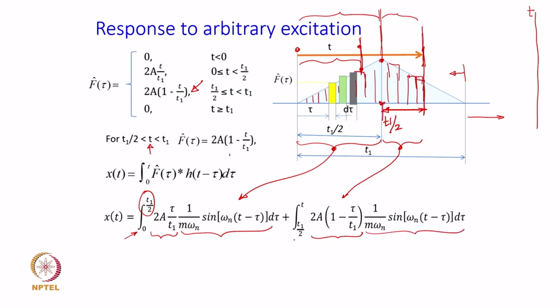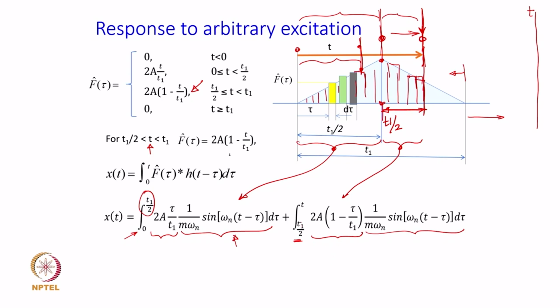Now, look at what is the integration limit here. Now, the integration limit will start from this to this, because if you are trying to find out or assess the response at this instant of time, all the impulses before this will get added up, and therefore, partly up to T1 by 2 they are added here, and beyond T1 by 2.